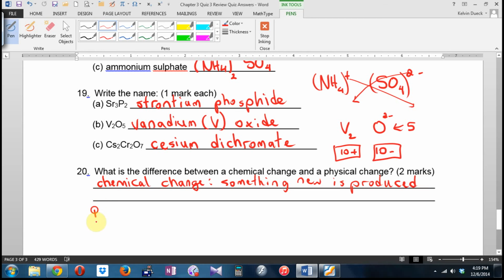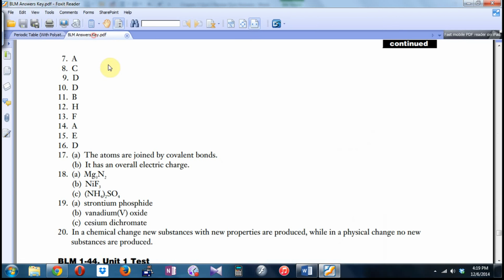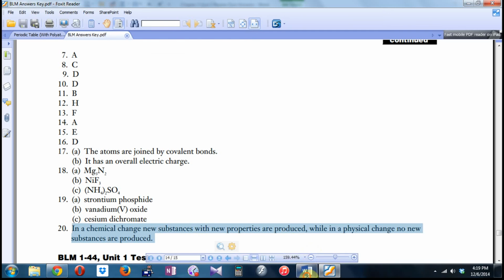Physical change, nothing new is produced. There's one way. What else could you say? You know what? Let's cheat and look at my answer key here. Chemical change, new substances with new properties are produced. Well, in the physical change, no new substances are produced. Well, okay, that's exactly what I said.